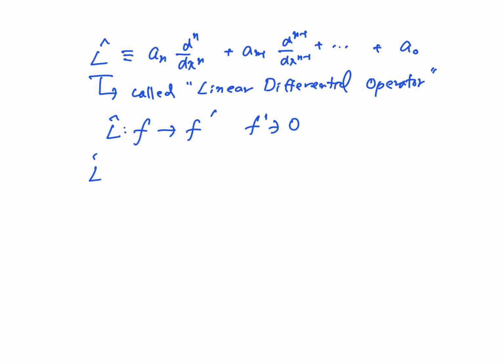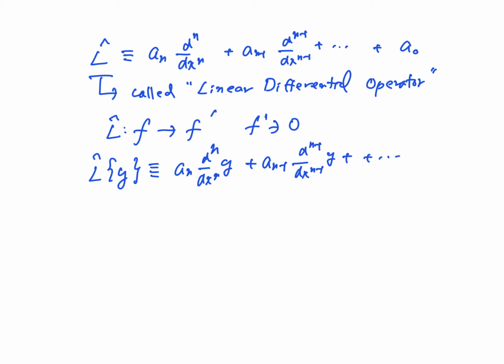Then L y is defined as an d^n y/dx^n + an-1 d^(n-1)y/dx^(n-1) + ... + a0 y, and happens to be 0, right?